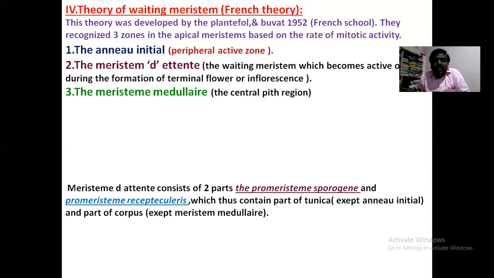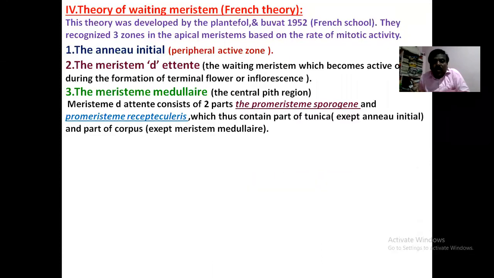The méristème d'attente consists of two parts, the promeristem sporangium and the promeristem receptacularis, which contain part of the tunica and corpus.